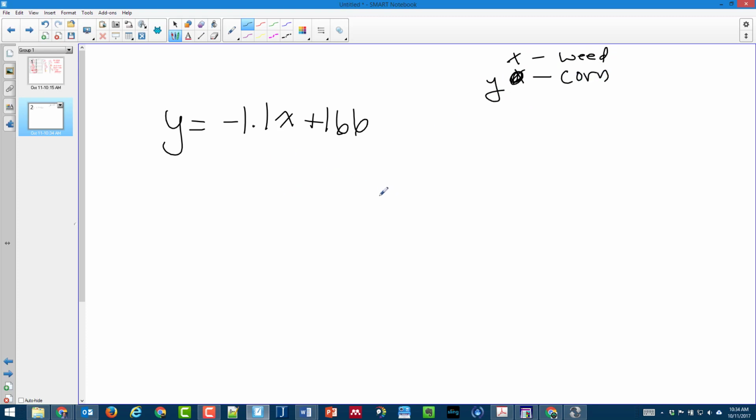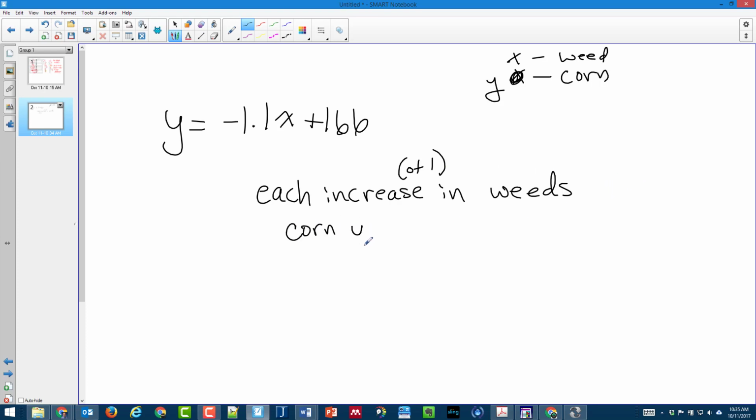So this tells me that each increase in weeds, so we're taking an increase of 1, as it went up 1, my corn yield decreases by 1.1.